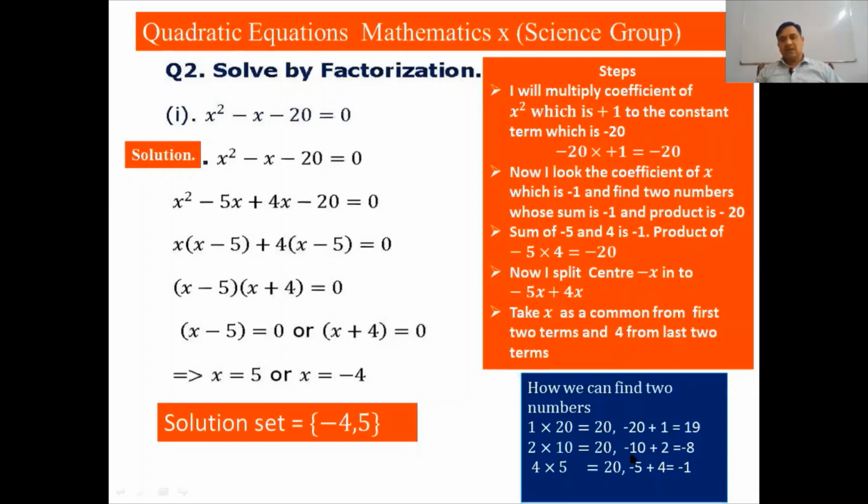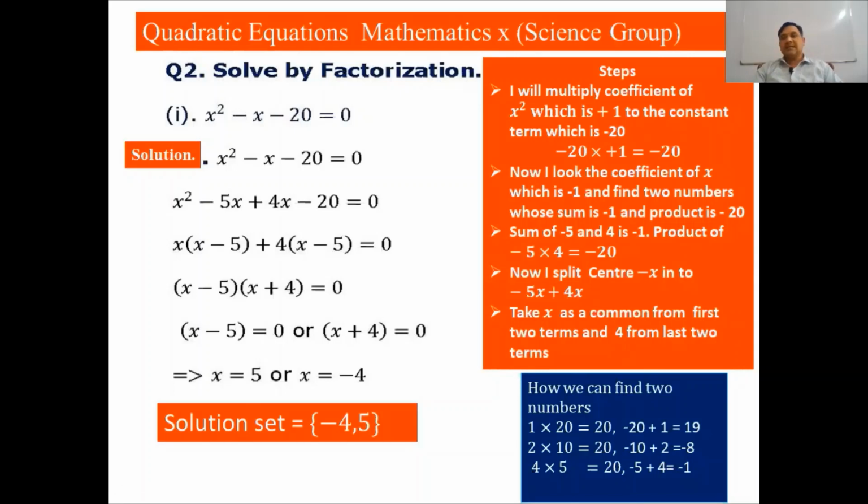Now 3 is not a multiple of 20, so I look at 4 times 5, which is 20. The greater number takes the negative sign, so it is minus 5, and the smaller number is plus 4. When we add up these two numbers we find minus 1, so that is our requirement. The sum of minus 5 and 4 is minus 1, and the product of minus 5 multiplied by 4 is minus 20. So our conditions are satisfied.